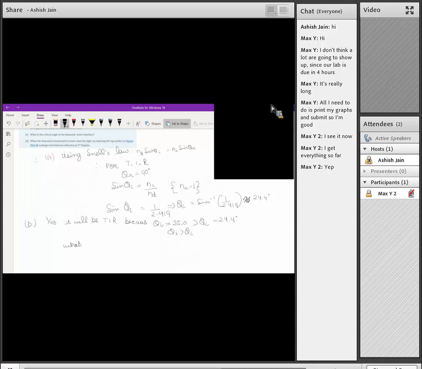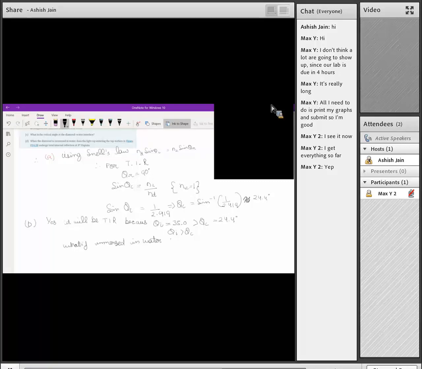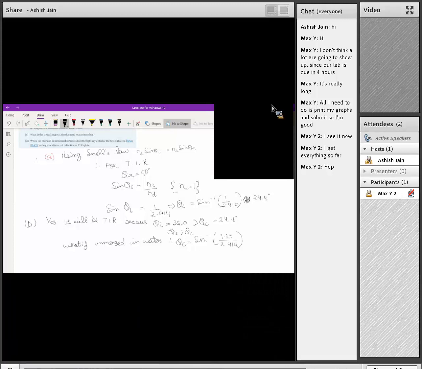What if it is immersed in water? Then theta C will be sine inverse of 1.333 divided by 2.419.